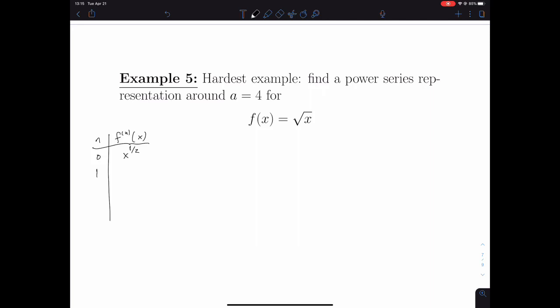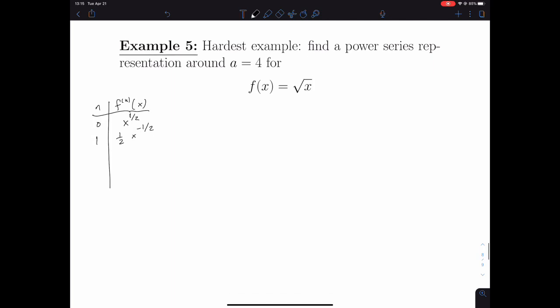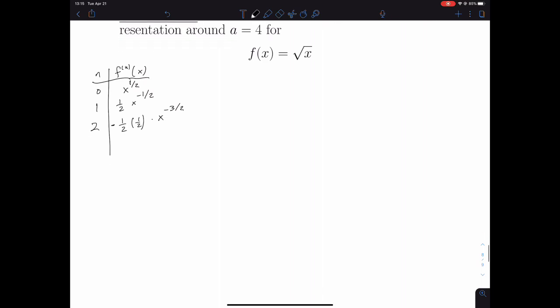Okay, my first derivative is going to be 1/2 x to the negative 1/2. My second derivative, I'll have 1/2 times negative 1/2, so it'll be negative 1/2 times 1/2 times x to the negative 3/2. Okay, the third will be positive again, so I'll have 1/2 times 1/2 times 3/2, x to the negative 5/2.